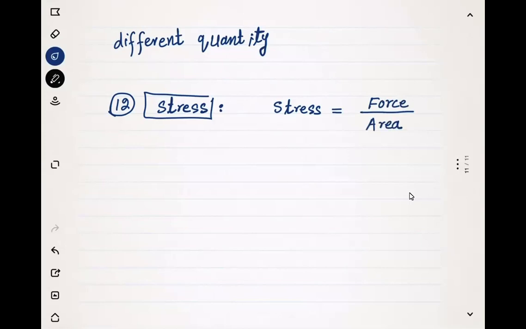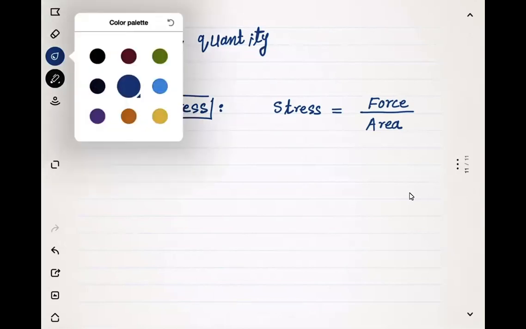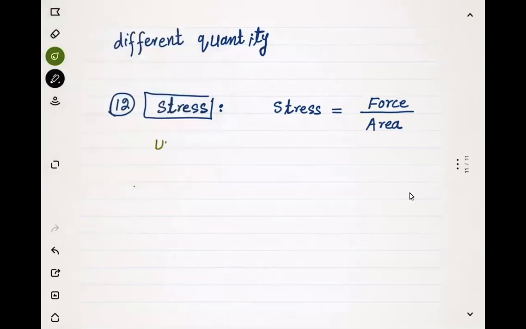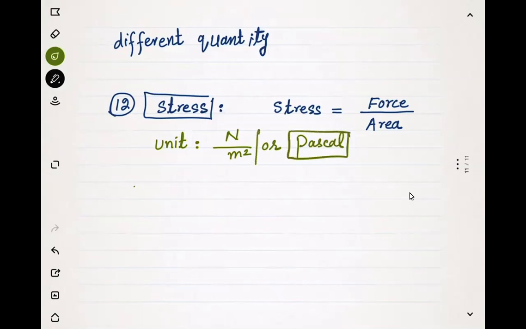So from here you can see that the unit of stress will be Newton per meter square. That is also called Pascal. And if we go with base unit, the unit of stress is Newton per meter square, or Pascal.